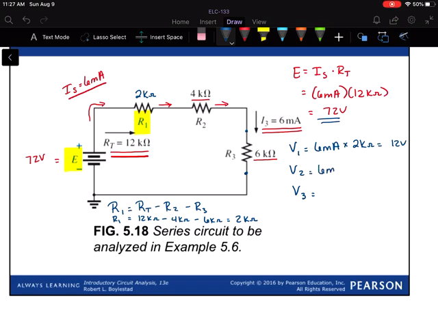V2, we've got the same 6 milliamps through a 4 kilohm resistor, so that must be 24 volts. And V3, 6 milliamps times 6 kilohms, or 36 volts. So if we were to add these up, we would indeed find that we have 72 volts of voltage dropped across R1, 2, and 3, which means that we're probably correct in our calculations.